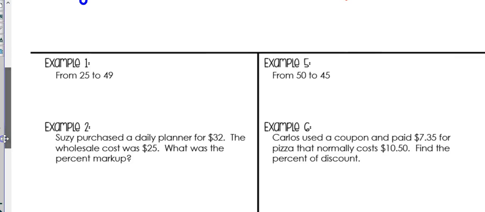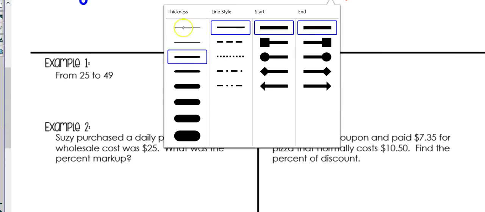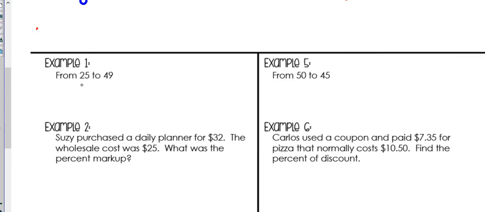The first example is with percent increase. We're going from 25 to 49. Again, we take our newest amount, which is 49, subtract the oldest amount where we started from, and put that over the original amount. That's going to be equal to some percent, which we don't know, over 100.